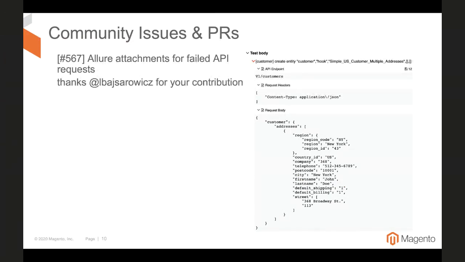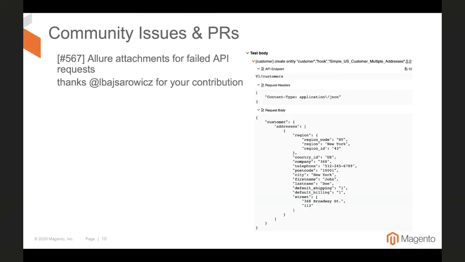What he did: previously, when one of the persistence actions like create data, update data, or delete data failed, we didn't store our request data. We didn't attach that request data to our actions in the Allure report.